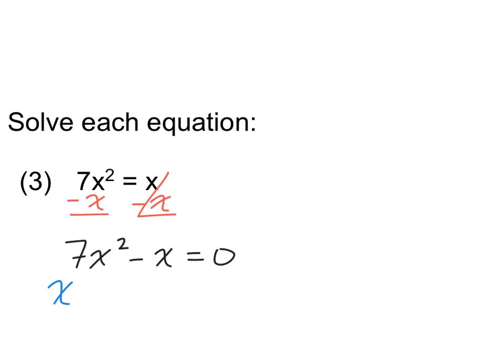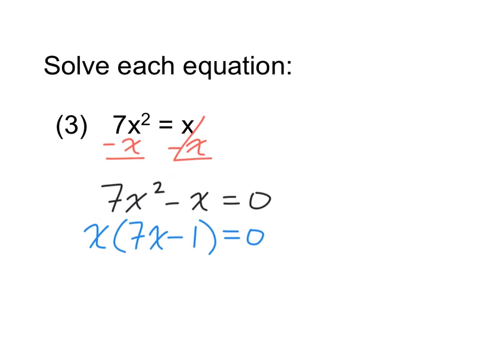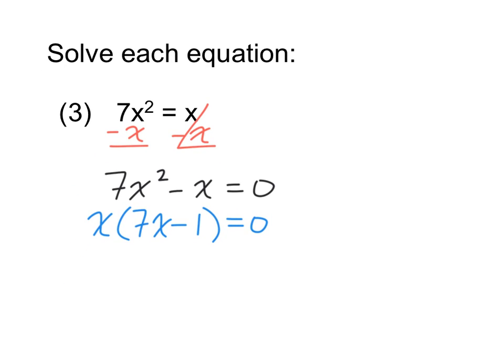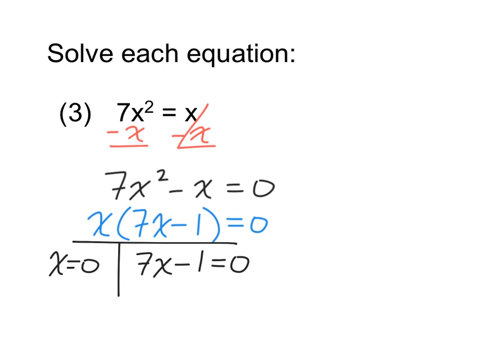All right, so factor out an x. x times 7x minus 1 equals 0. Take each of your factors. You do the little t-chart if you want. x equals 0, 7x minus 1 equals 0. So the x equals 0 is already done. What am I going to do to the 7x minus 1 equals 0 to get x? 2 steps.